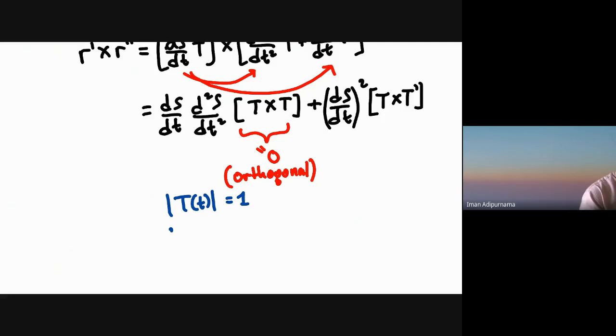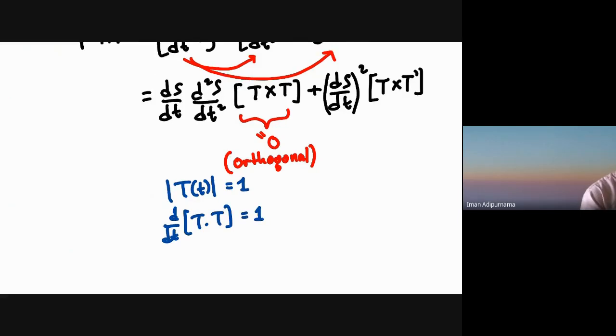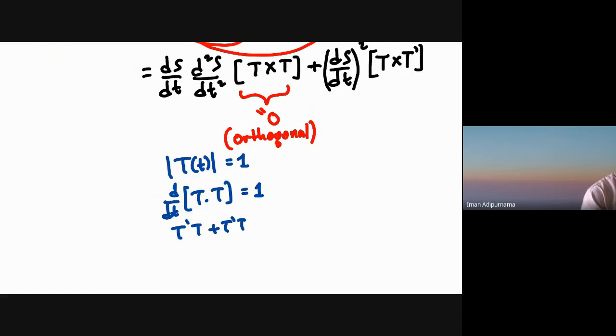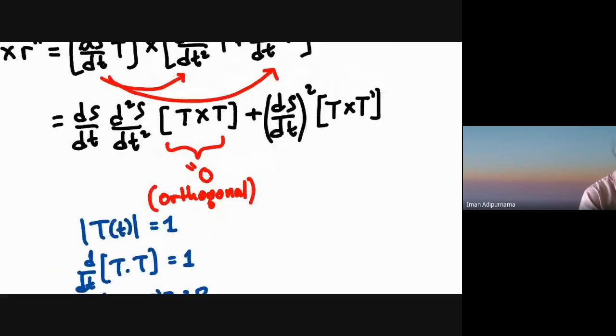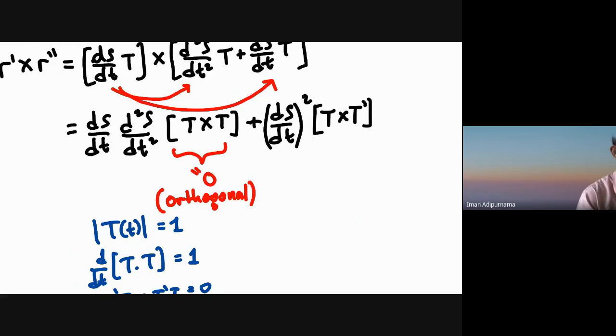And we need to prove this to be, or maybe writing it in terms of T dot T is 1, and we can say we have this is 0, which means that it's orthogonal, and orthogonal, of course it's 0. Okay.